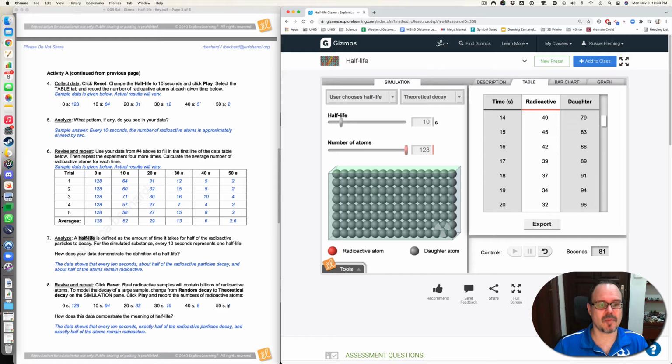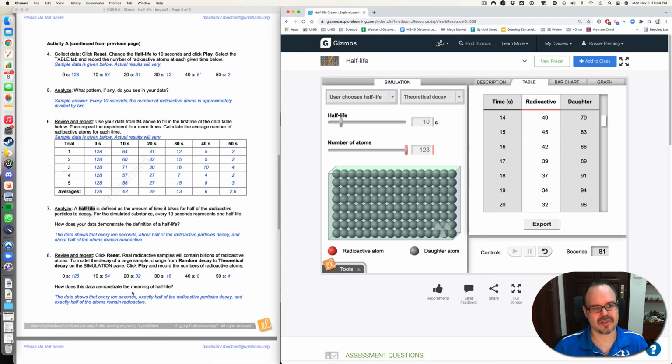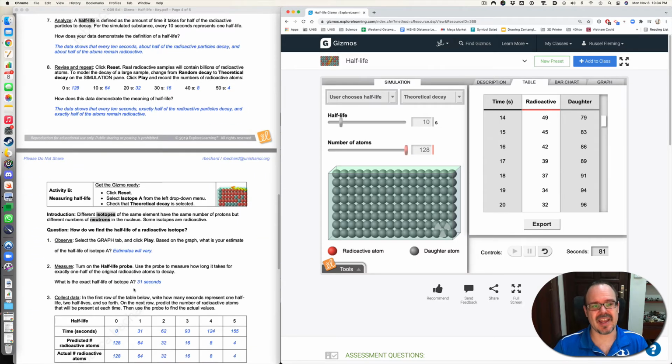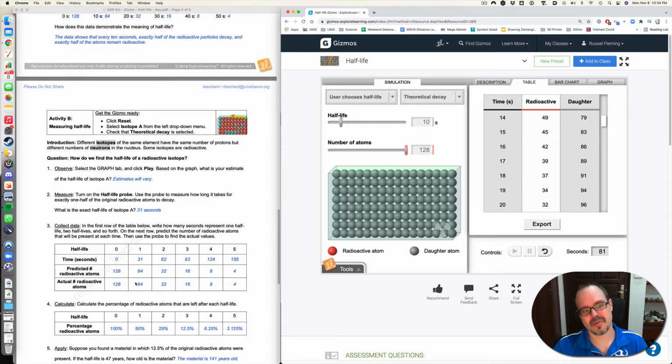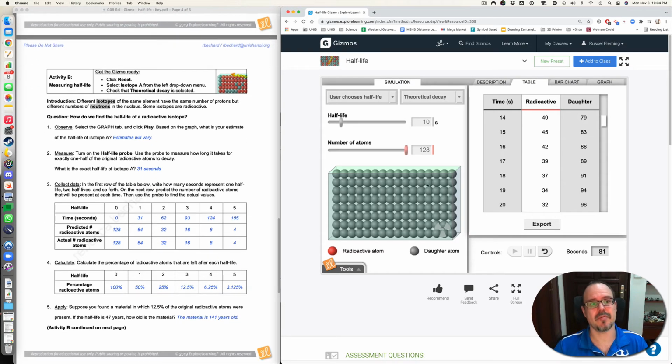So basically, we got the perfect values here, which are different than the values you got with a more random situation. So those are perfect values. That was activity A. Activity A was just basically doing and recording. Activity B, we're measuring and we're thinking a bit more.